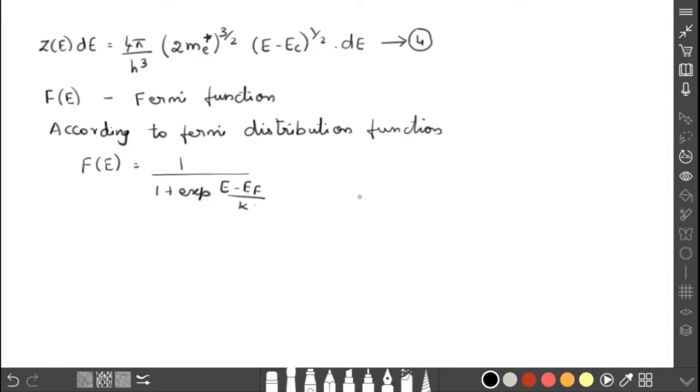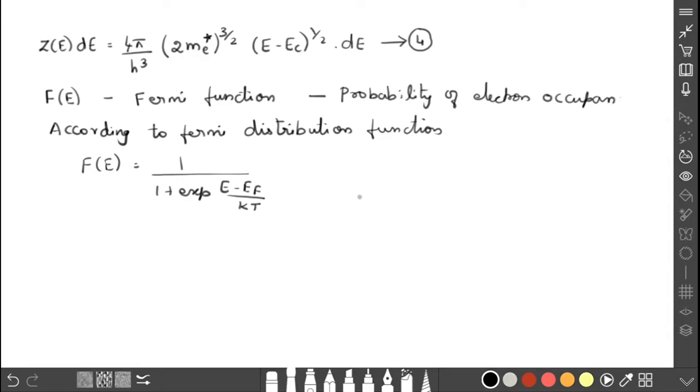So what is this? This is the Fermi function, nothing but the probability of electron occupancy, right?